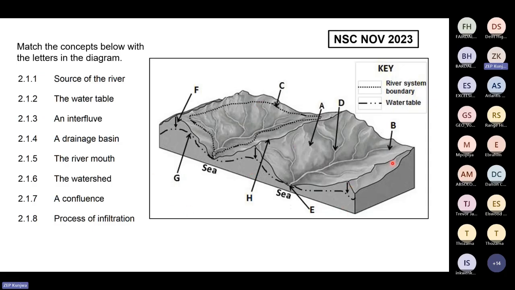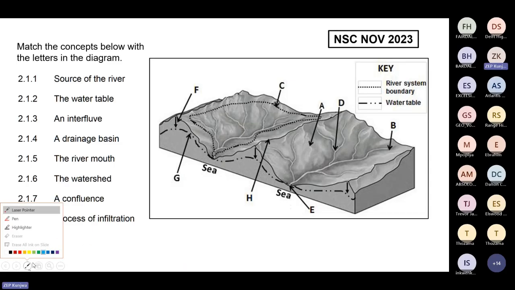Now they are giving you diagrams in the multiple choice questions, which means you need to know your diagrams. You need to know your concepts to be able to do this. And you must understand that the concepts can make up to 30% of your paper. So there are a lot of concepts. So you must know your concepts. Okay, let's go there.